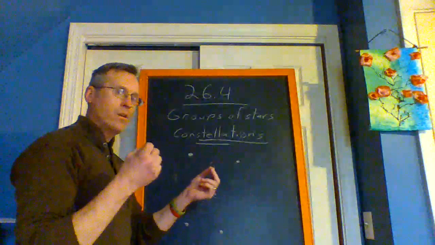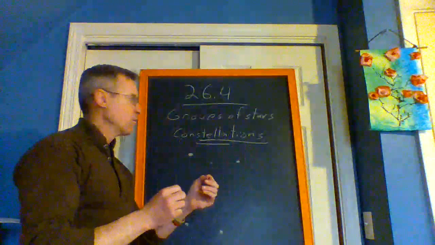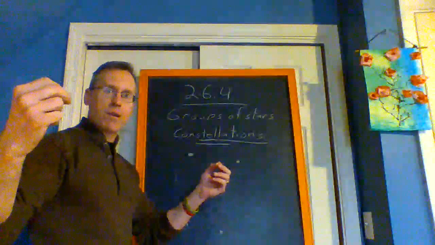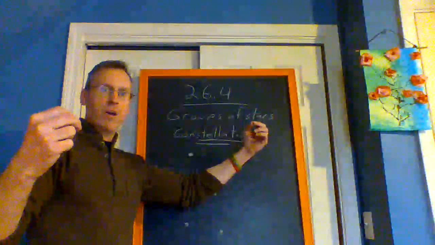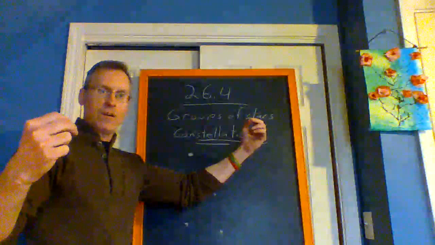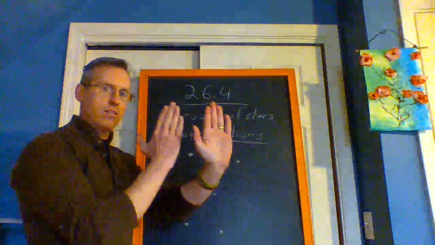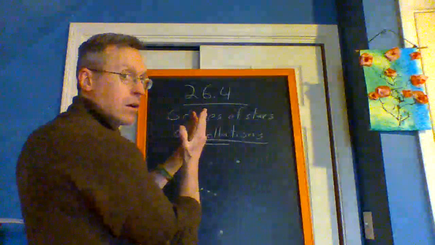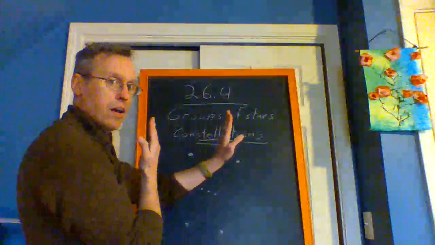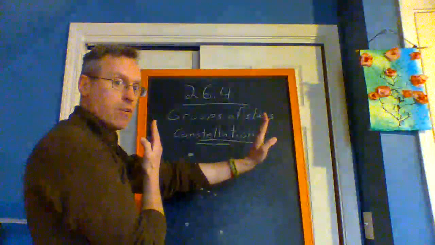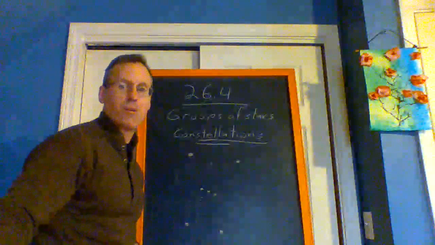The stars are really not in the same plane. For example, Betelgeuse may be way closer, and the star over here, the left shoulder, might be way the heck back here. But to us, looking from Earth, they look like they're together in the same plane, but they're not. And all these stars are sort of similar in that respect.